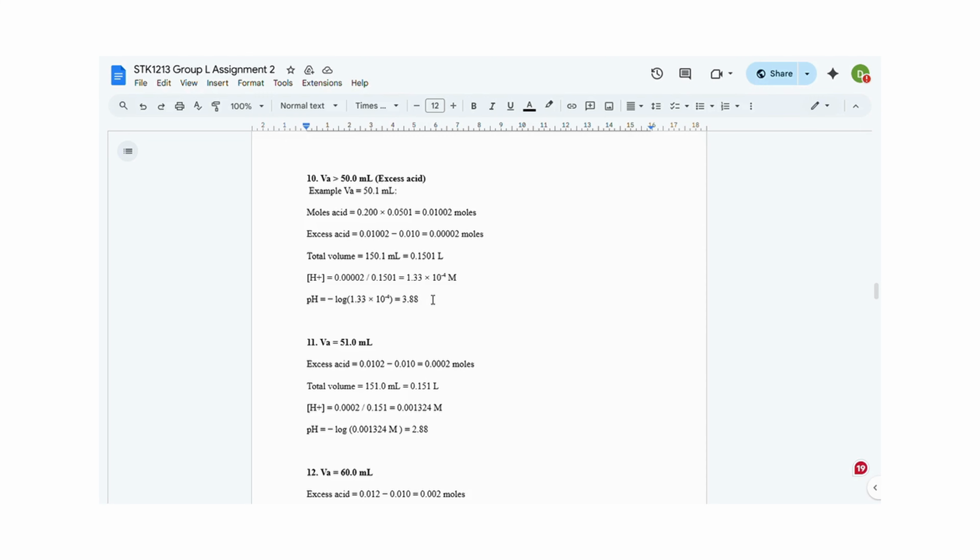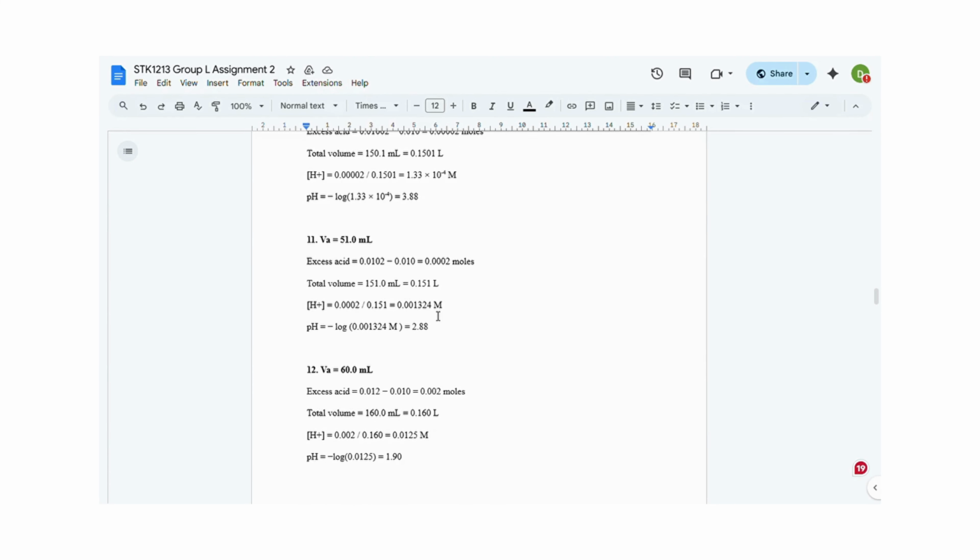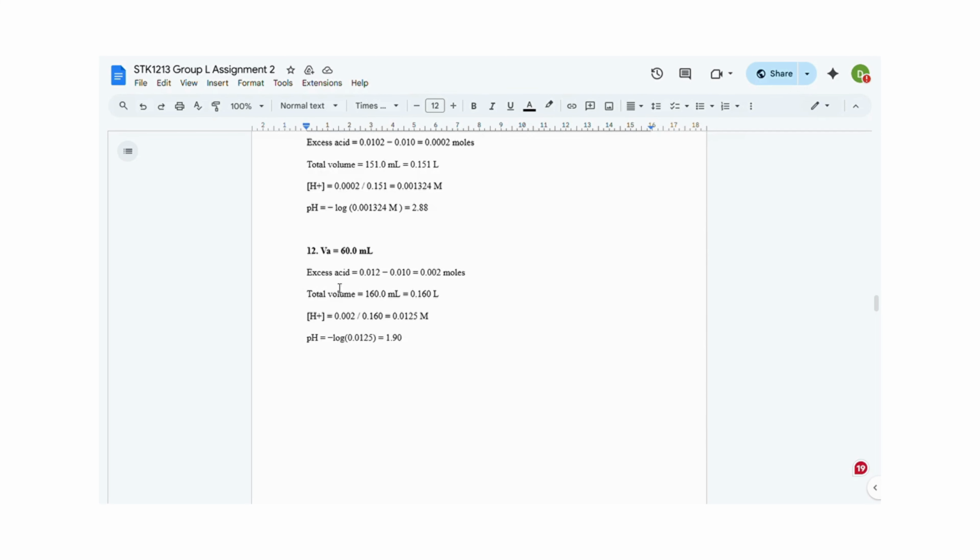And then we get 1.33 times 10 to the power of negative 4 mole, and the pH is negative log of 1.33 times 10 to the power of negative 4, and we get 3.88. We do the same for all the excess acid for 51 milliliter and also 60 milliliter.